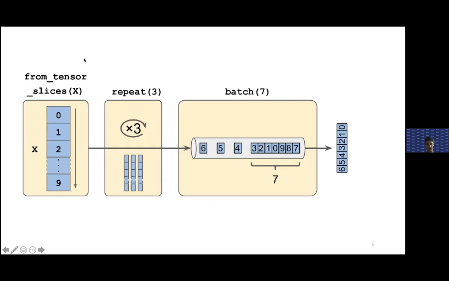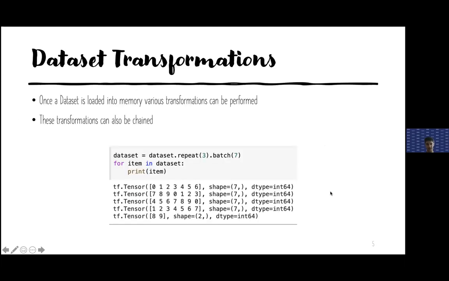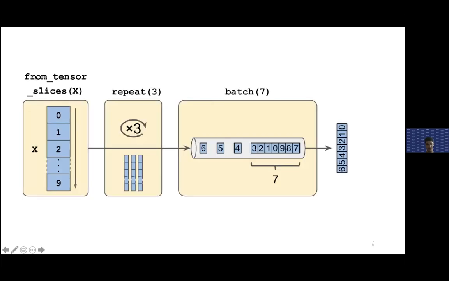This is just another visualization of what's going on under the hood in this chaining function. We have the first thing from tensor slices, where we built that initial data set two slides previous, then called repeat on the data structure, and then we batched it. And then finally, we have our data set.